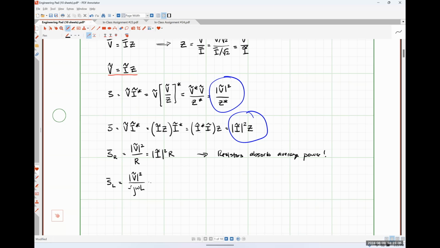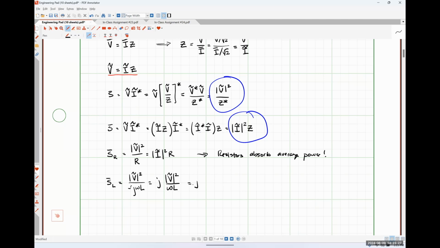So this could be written as positive J times the magnitude of the voltage squared divided by omega L. In terms of the current, we would just have J omega L times the magnitude of the current squared.